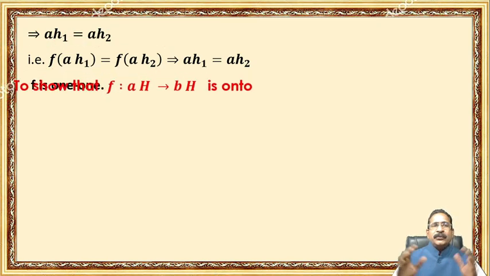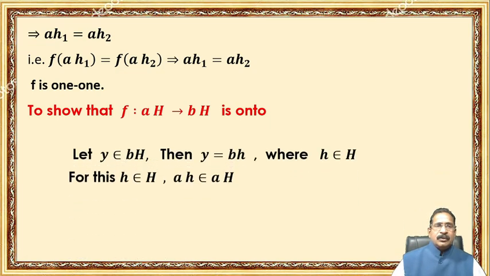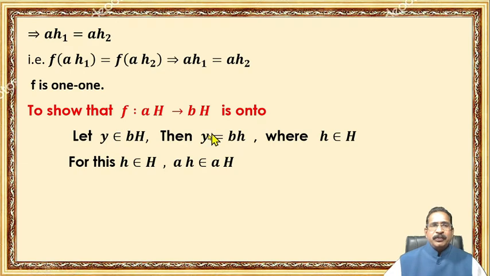Now we go for onto. What is onto? There exists an element in aH such that f of that element is equal to some element in bH. Let y belong to bH, and then y is equal to bh, where small h belongs to capital H. For this h, ah belongs to aH.